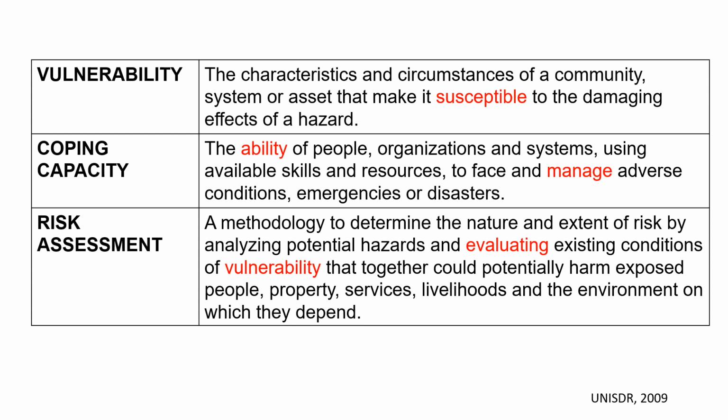The vulnerability dimension considers the strength of individuals and households relative to a crisis, while the coping capacity dimension considers factors of institutional strength. Risk assessment is a method to determine the nature and extent of risk by analyzing hazards and evaluating existing conditions of vulnerability.